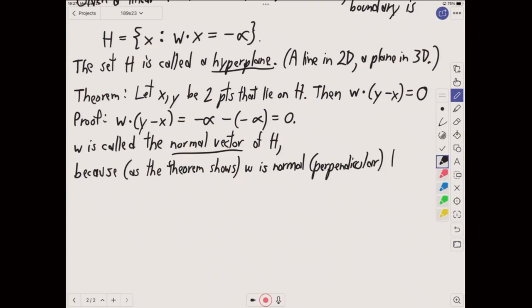So what the theorem tells us is that the vector w is perpendicular to the whole hyperplane H. We use the word normal in that context. It's normal to H.